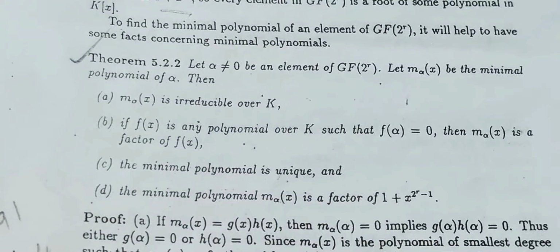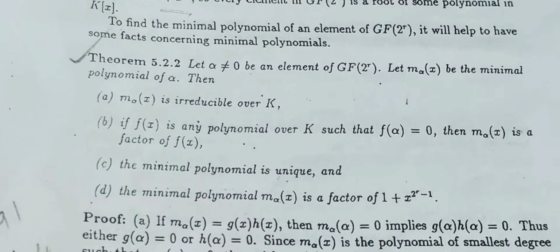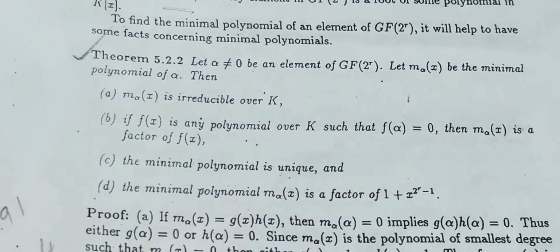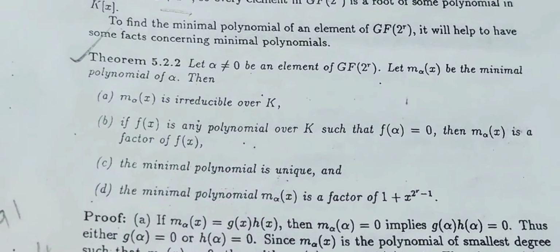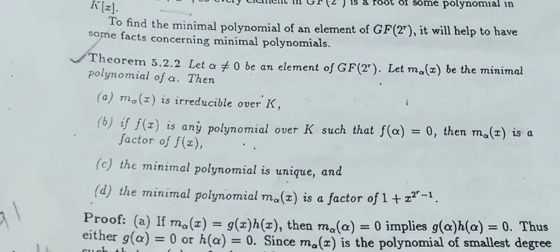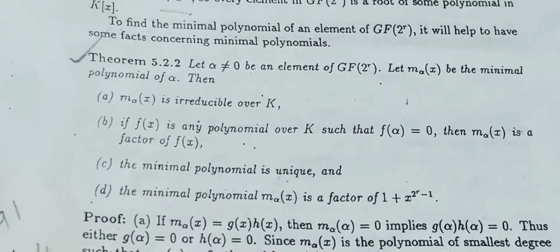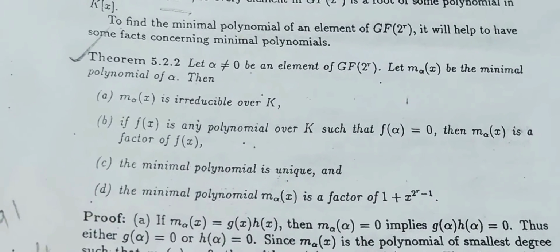Second, if f of x is any polynomial over k such that f of alpha equal to 0, then m alpha of x is a factor of f of x. Third, the minimal polynomial is unique, and fourth, the minimal polynomial m alpha of x is a factor of 1 plus x raised to 2 raised to r minus 1.